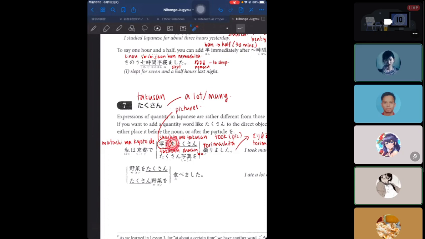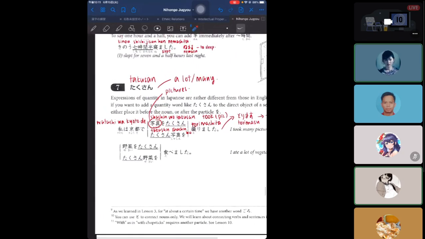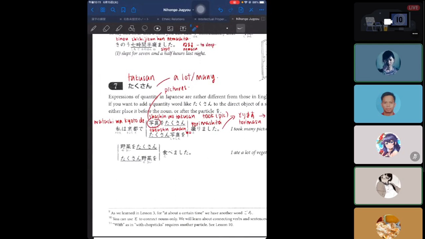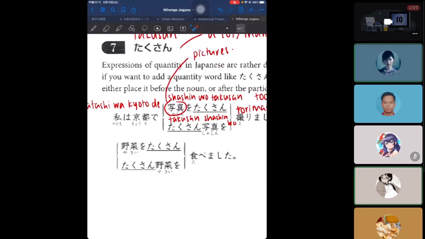But if you use the noun later, you can put たくさん at the front, then the noun and the particle. So you can use either way. 写真をたくさん撮りました。たくさん写真を撮りました。 Basically, at Kyoto, I took a lot of pictures, or many pictures.